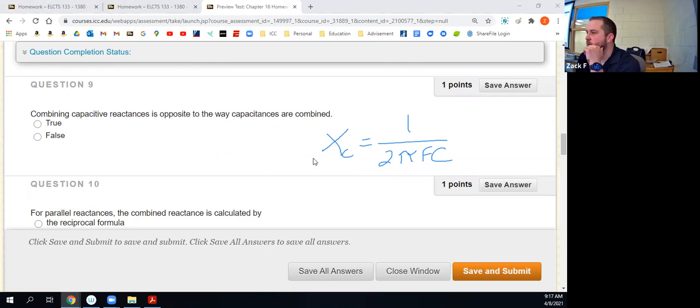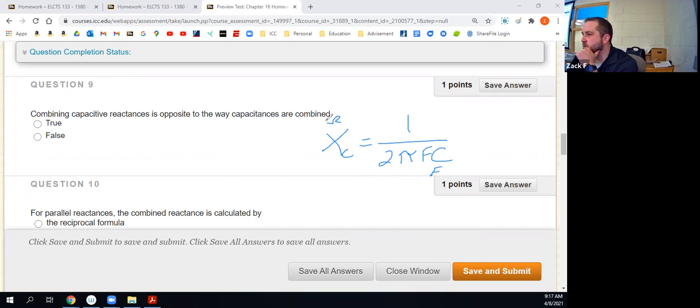Capacitive reactance is an ohmic value. It's a resistive value. Right? So the units for capacitive reactance is ohms, correct? We're going to do some examples and it's going to make all this stuff become more clear. But if this is farads and this is ohms, then yeah, they are opposite.